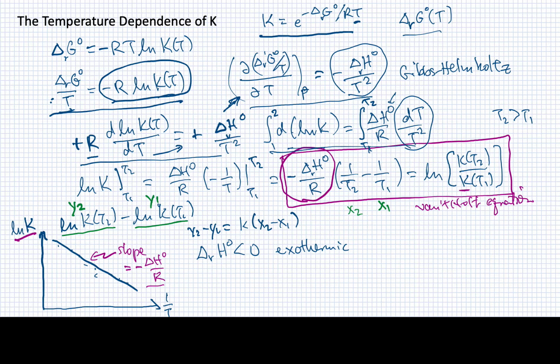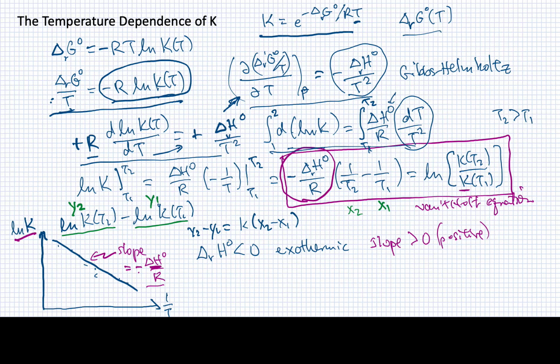And that would translate to something where the slope, since the slope is equal to the negative of delta H, if delta H is negative, then the slope will be positive. So I'll emphasize that over here. The slope is positive, not negative. So we can have situations in which we have a positive slope, and that would be anytime we have an exothermic reaction.